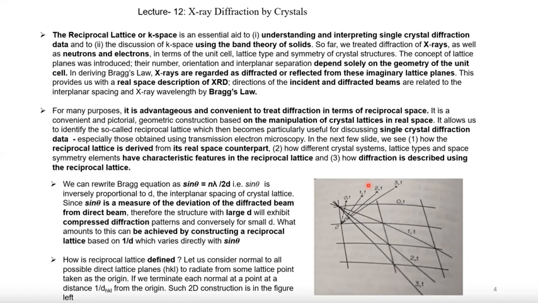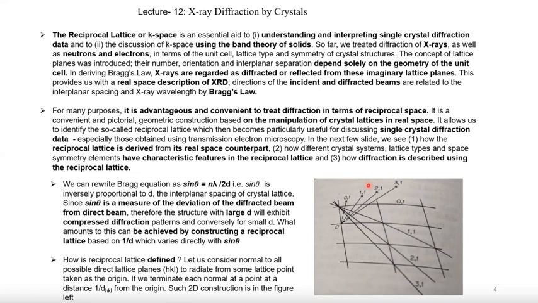In the next few slides, we will show how we can relate real space data and reciprocal lattice data. The reciprocal lattice is derived from its real space counterpart. We also discussed how different crystal systems, lattice types, and space symmetry elements are characterized by characteristic features in the reciprocal lattice.